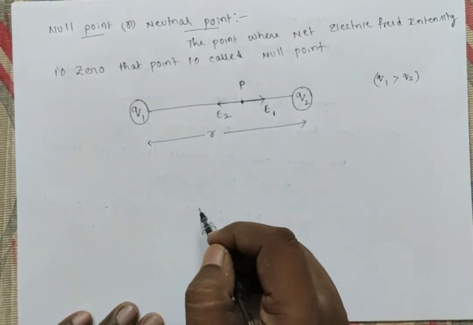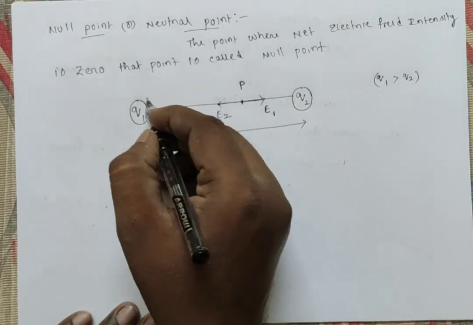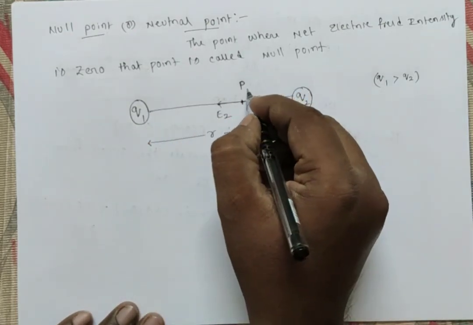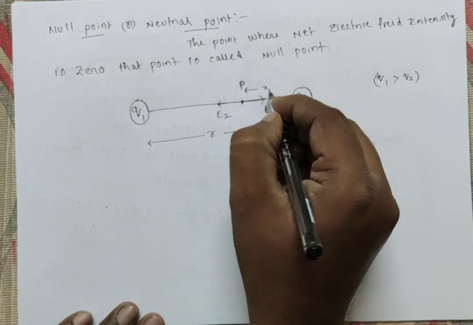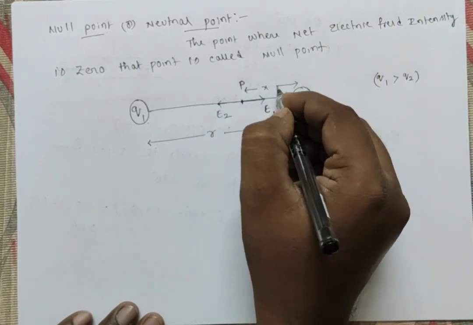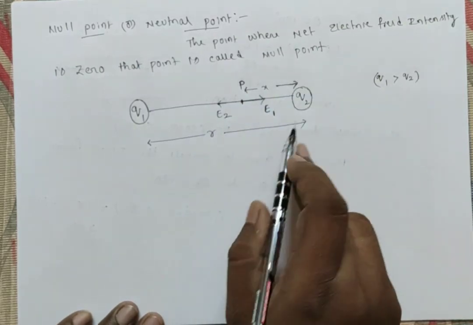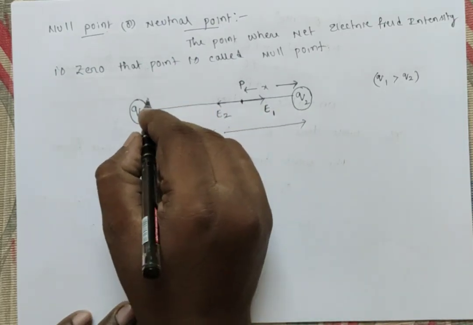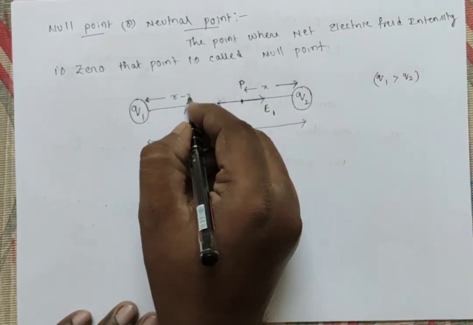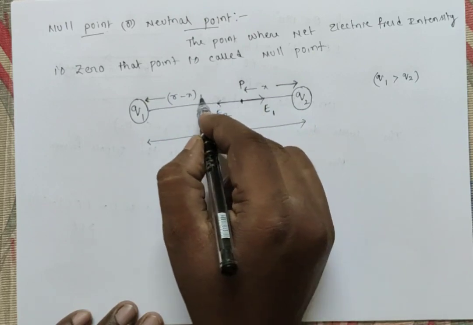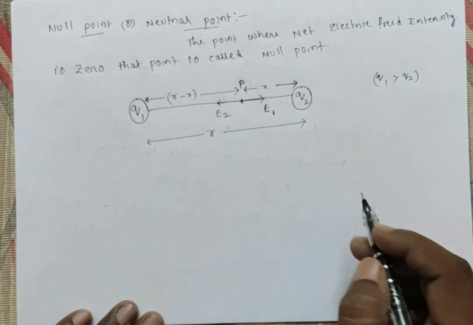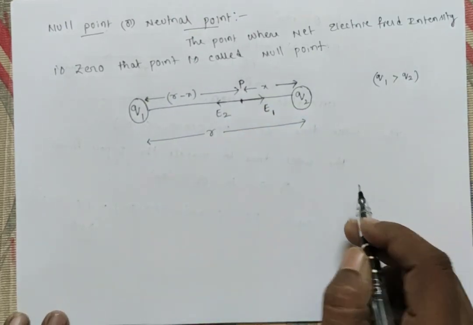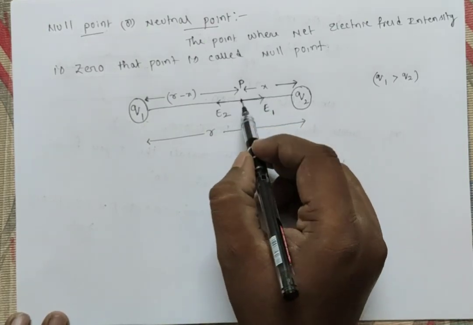Now this point P is at a distance x from the charge Q2 and r minus x from the charge Q1.